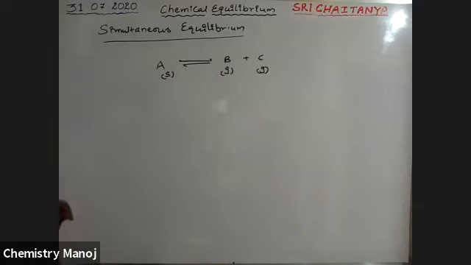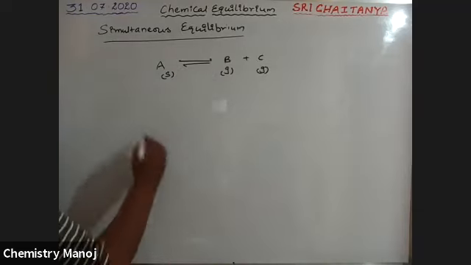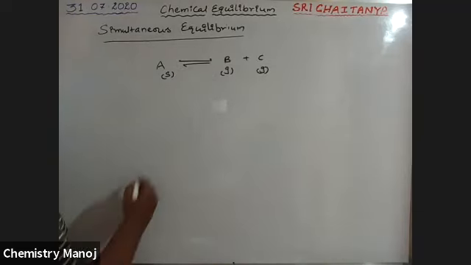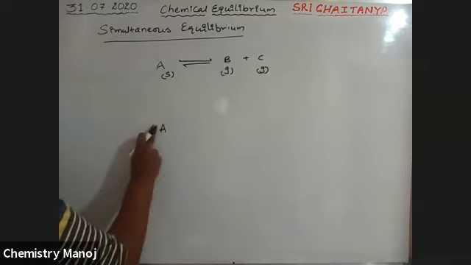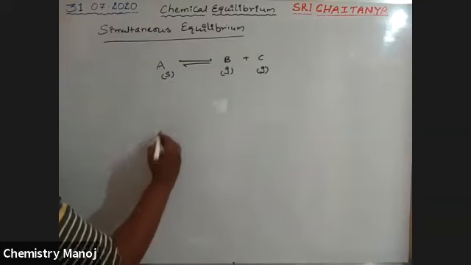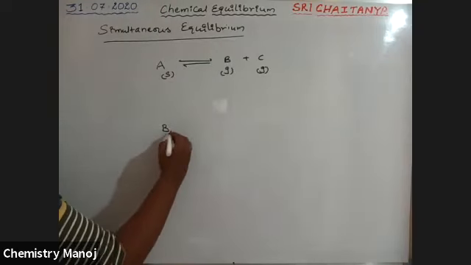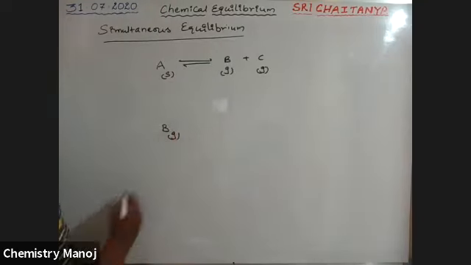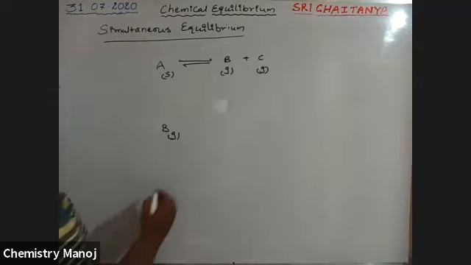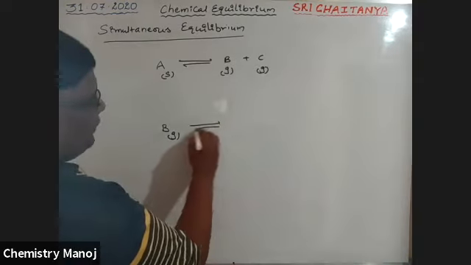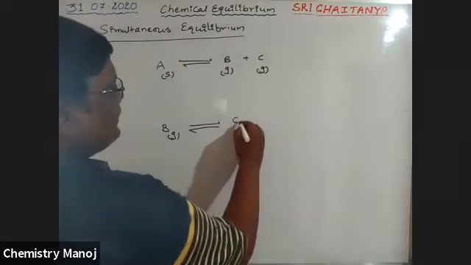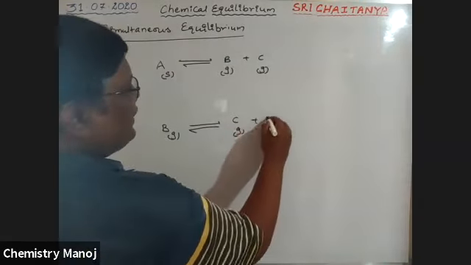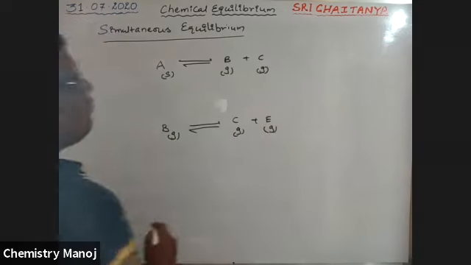Next, in the same reaction vessel, B, which is a gas, is in reversible equilibrium with C, a gas, plus E.